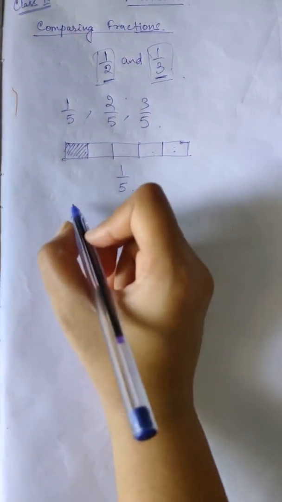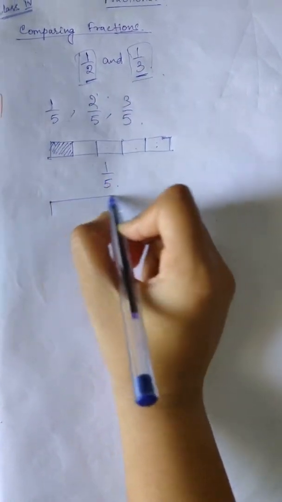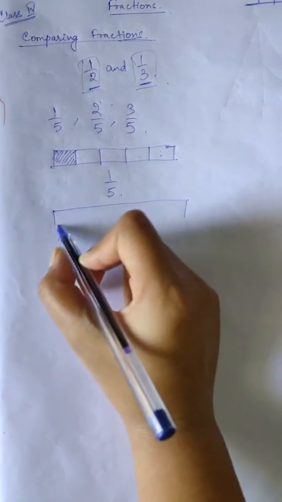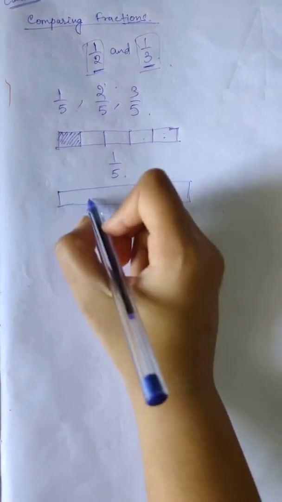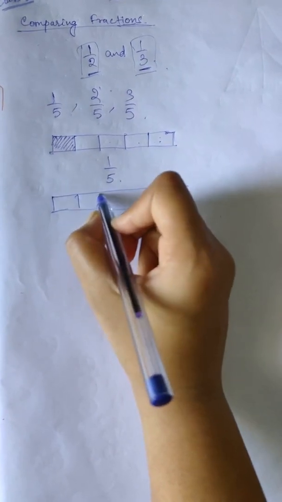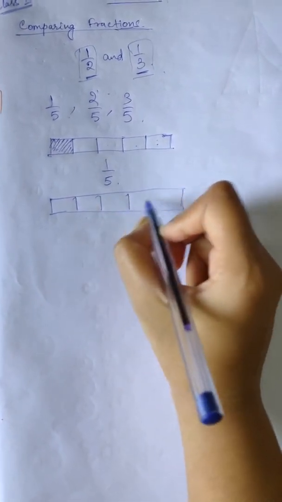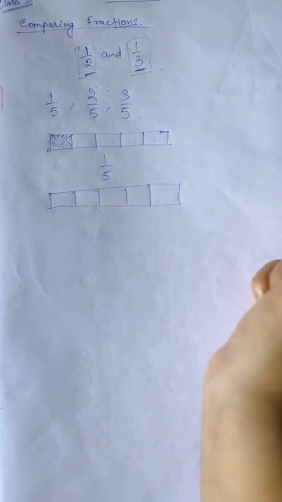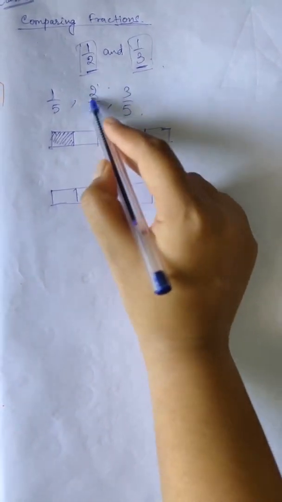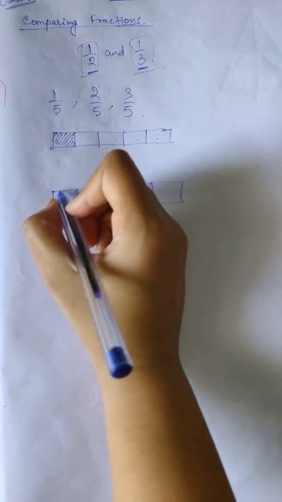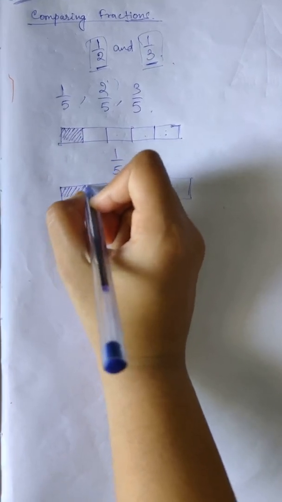Now moving on to the next one, we have 2 by 5. Suppose we are talking about the same bar, which we divide into 5 equal divisions. We are talking about two parts, so we will shade the first two parts.